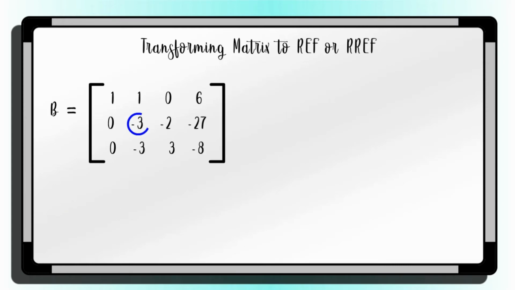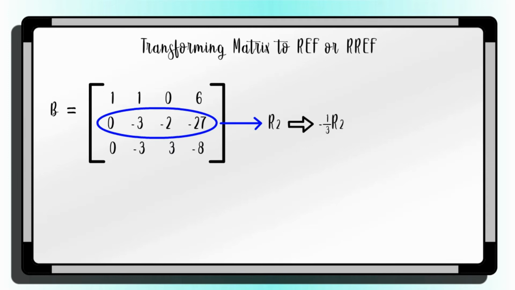After that, we will make the first non-zero entry of R2 to 1. By using the type 2 operation, we can multiply R2 by -1/3.